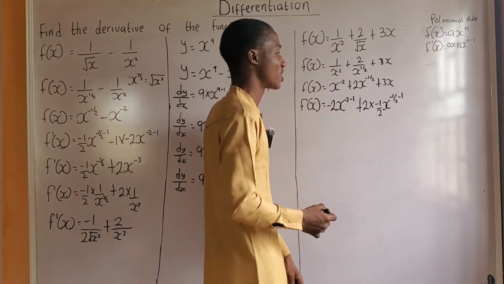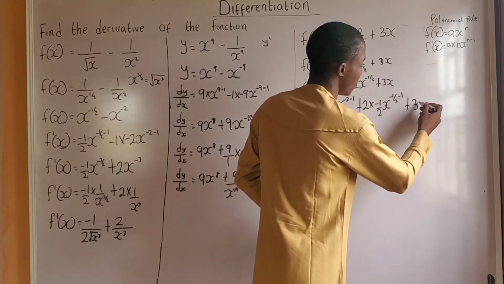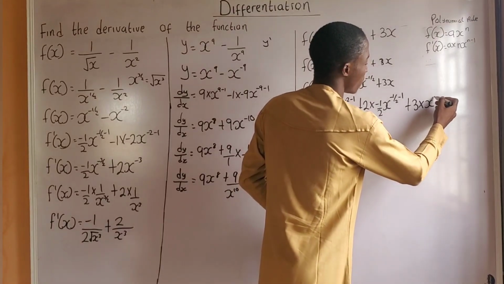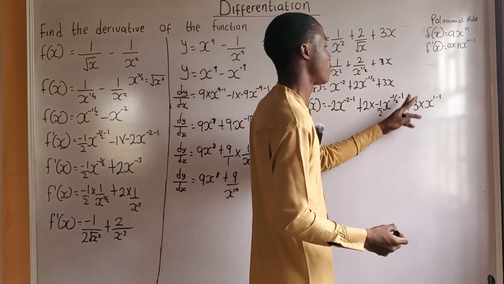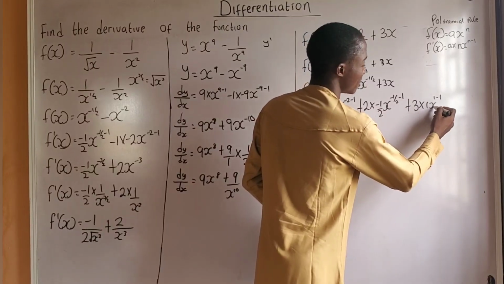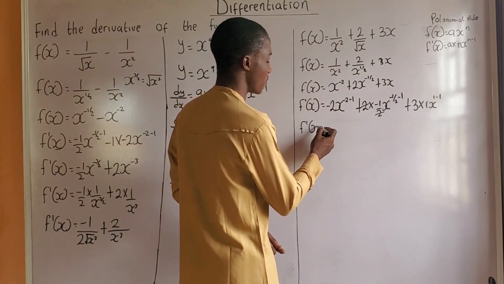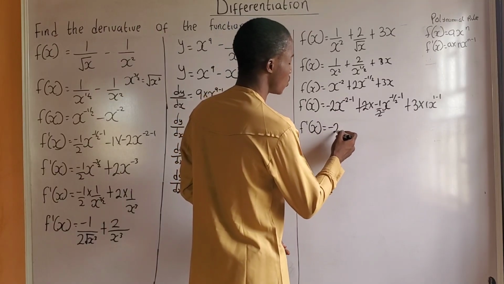Are you getting it? Now differentiate 3x. We are going to have plus 3 multiplied by 1 times x raised to the power of 1 minus 1.